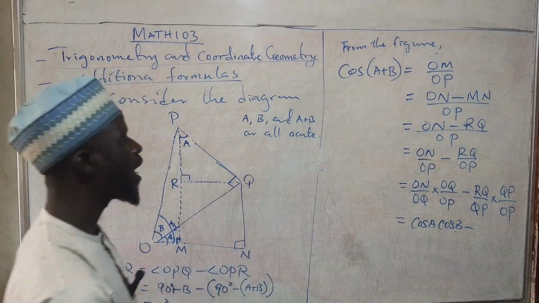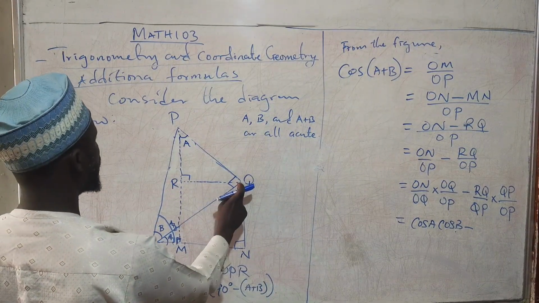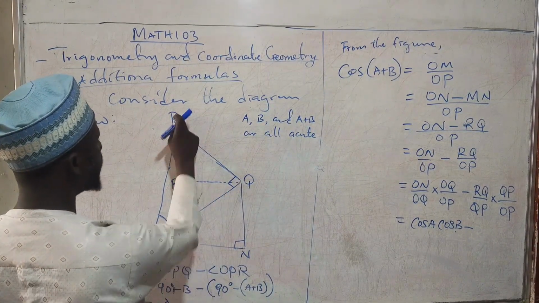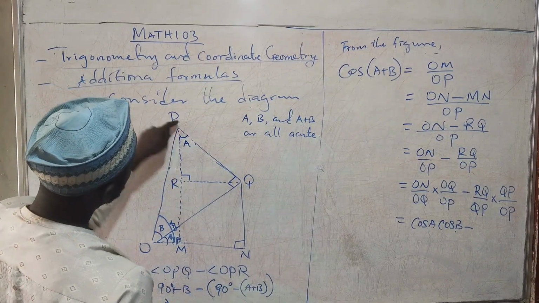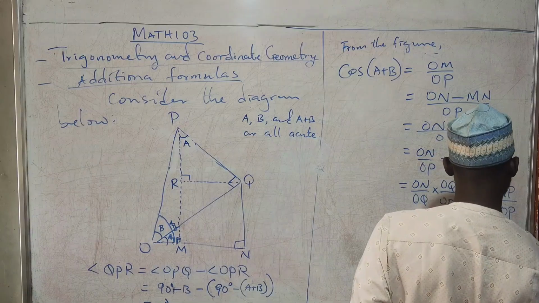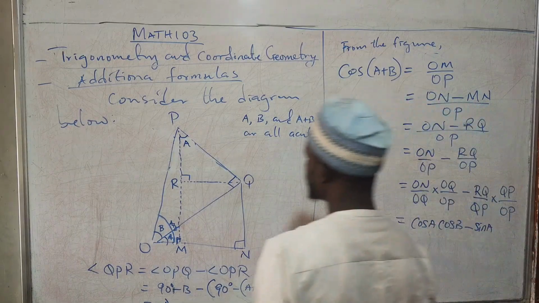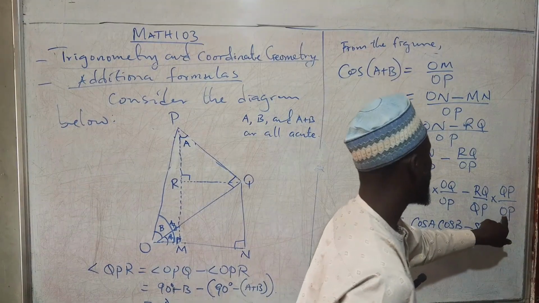Minus, what is RQ over QP? This is RQ over QP. That is opposite over hypotenuse of A. Opposite over hypotenuse, this is sine A. Now, what is QP over OP?